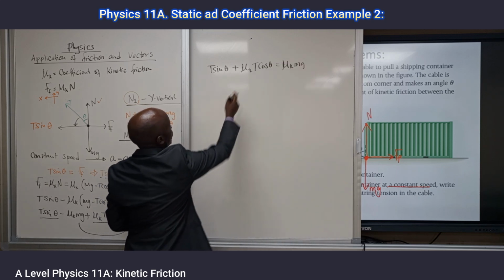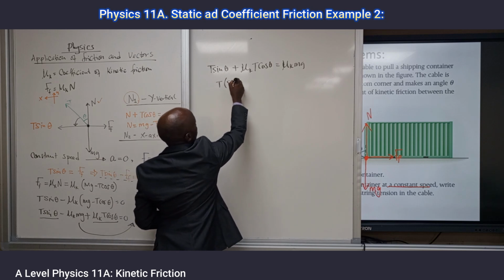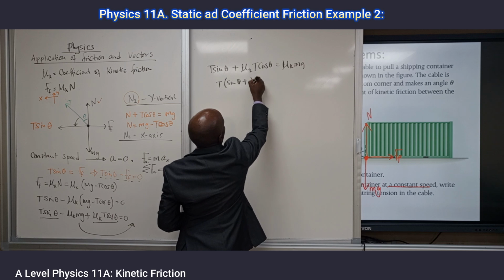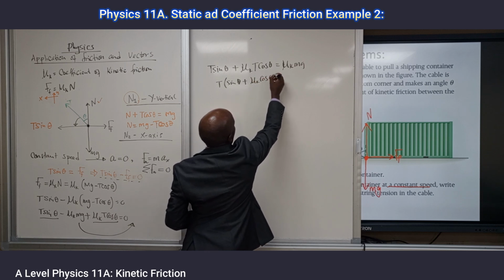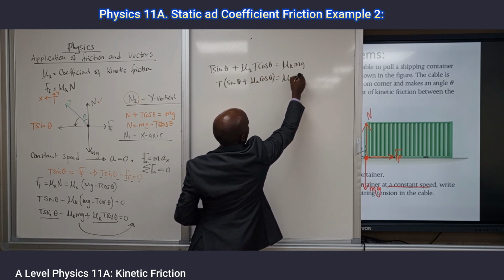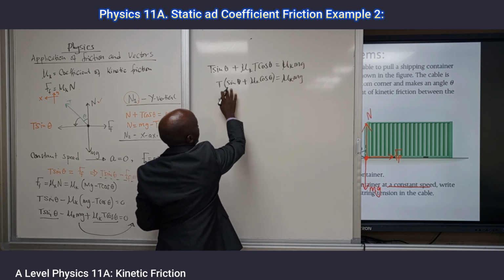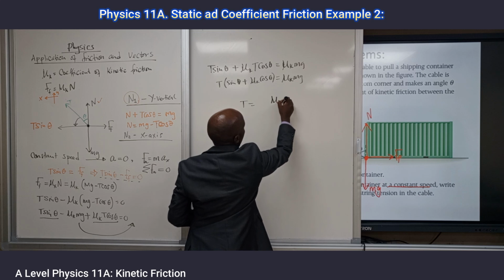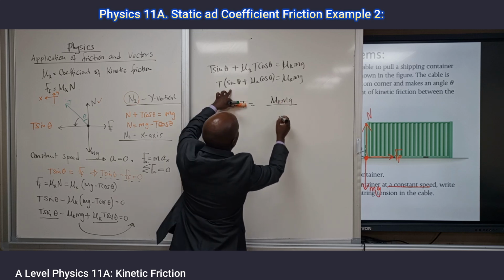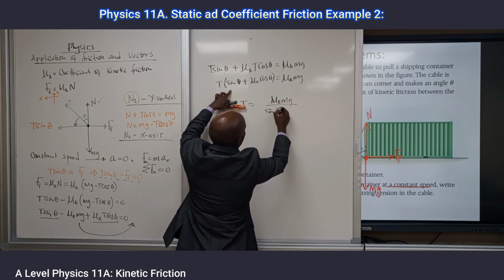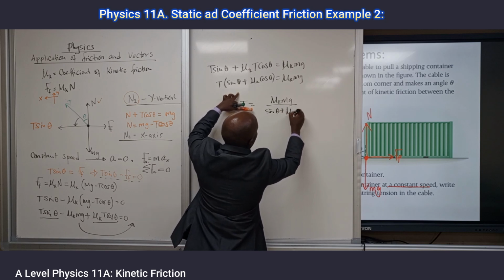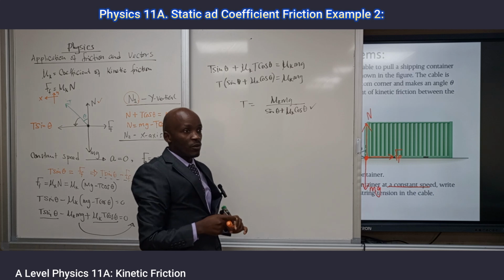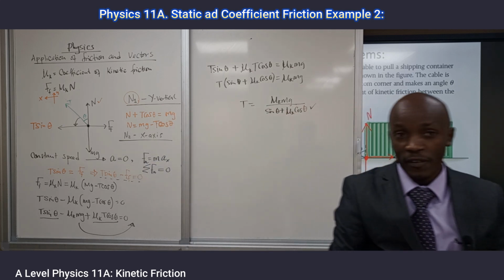So factor out T: T times sine theta plus mu k cos theta is equal to mu k mg. Therefore we divide each side by this expression so that we get T equals mu k mg divided by sine theta plus mu k cosine of theta. So that's the solution to the first part of the question.